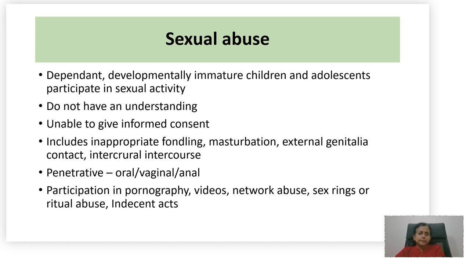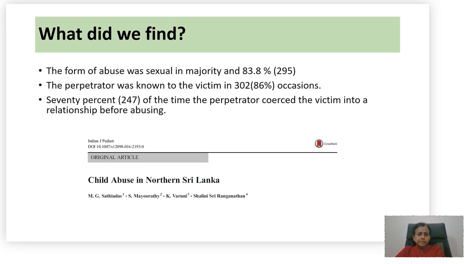So if you look at the study we did, we also found that the majority of the time it was sexual abuse, and the perpetrator was known to the victim 86% of the time. And of course, 70%, nearly 247 victims, indicated that the perpetrator coerced the victim into a relationship before abusing.